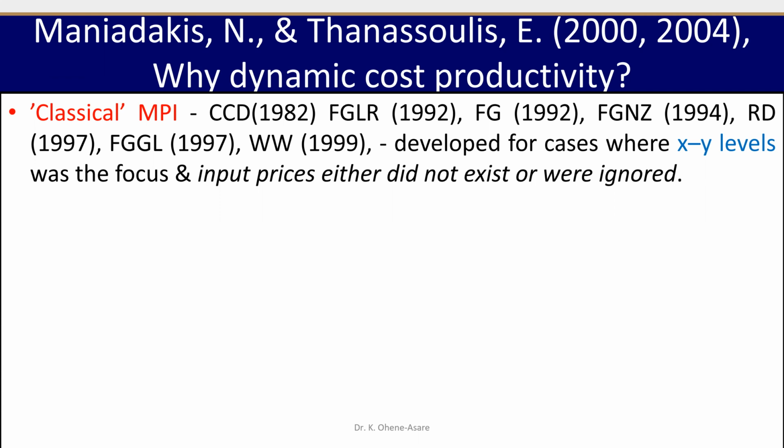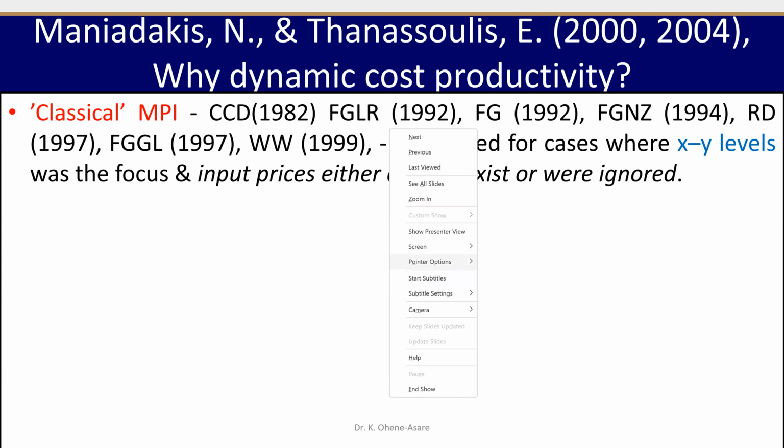The people who spotted the idea were Caves, Christensen, and Diewert, 1982. But it was Färe, Grosskopf, Lindgren, and Roos who operationalized it using linear programming, and they pioneered that whole setup.